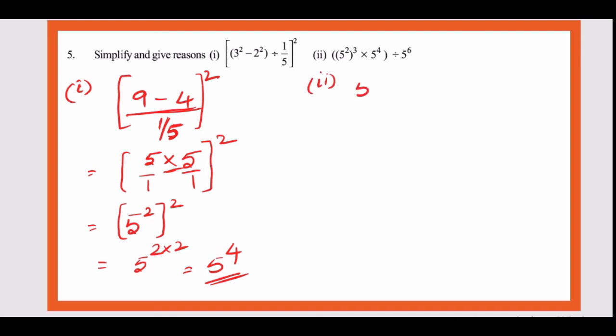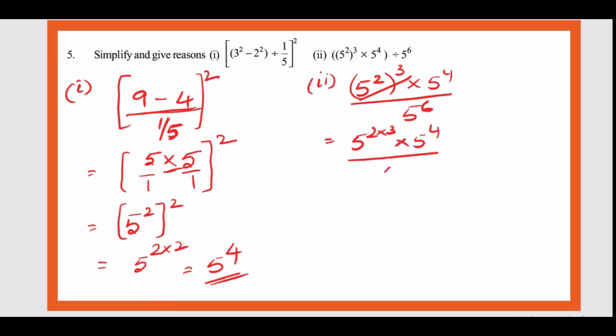Now how can I write this as 5 power 2 whole power 3 into 5 power 4 whole divided by 5 power 6. If you observe this, a power m whole power n can be written as 5 power 2 into 3 into 5 power 4 divided by 5 power 6.